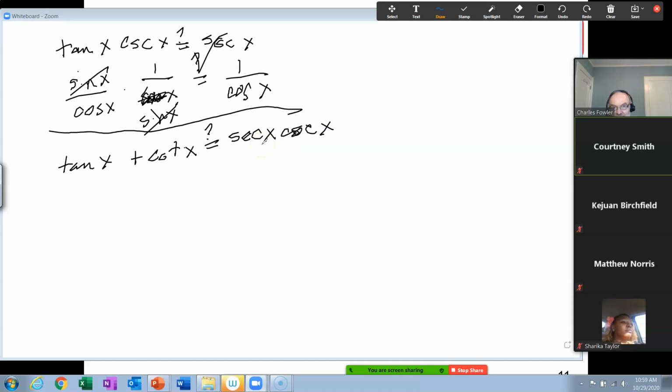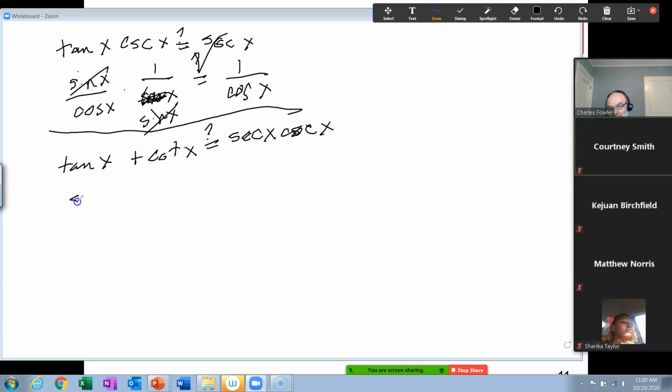Again, I can't use my eraser here. I don't know why. Sometimes it works and sometimes it doesn't, but it will not open now, so I can't erase. Again, no Pythagorean identities, no squares in here. Maybe you could make that happen, but get everything in terms of sines and cosines.